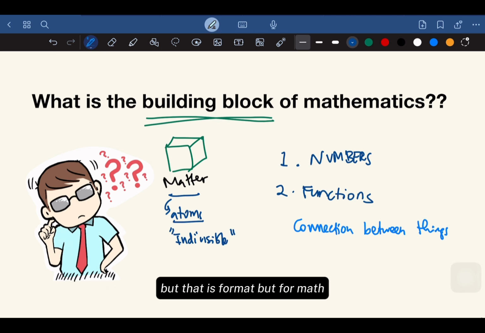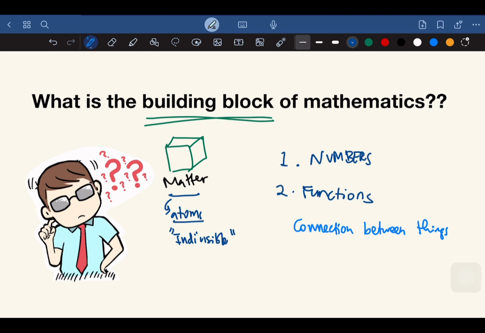But for math, let's say, let me write 4. If I say 4, what is 4?